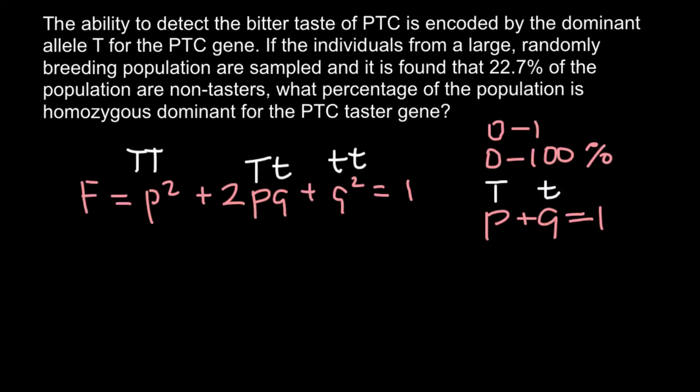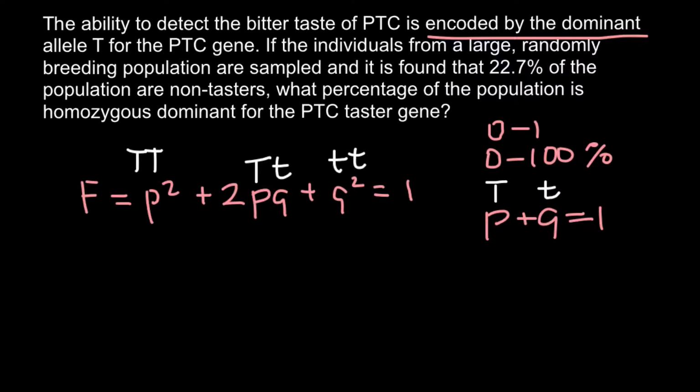So now let's return to our problem. The ability to detect the bitter taste is encoded by the dominant allele. That means people who are non-testers, which make up 22.7% of the population, would be homozygous recessive.